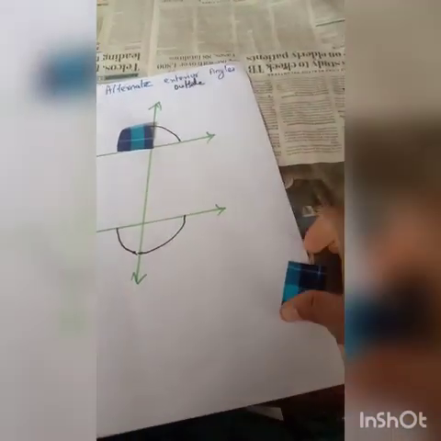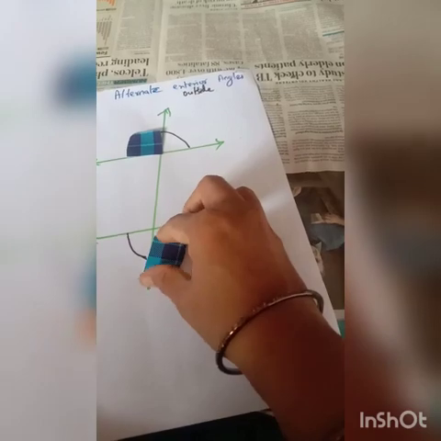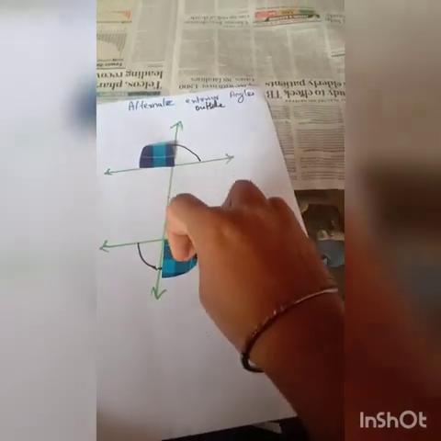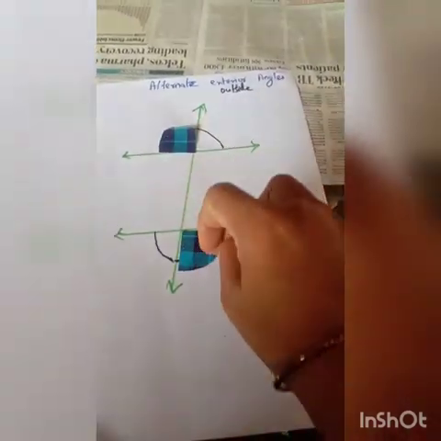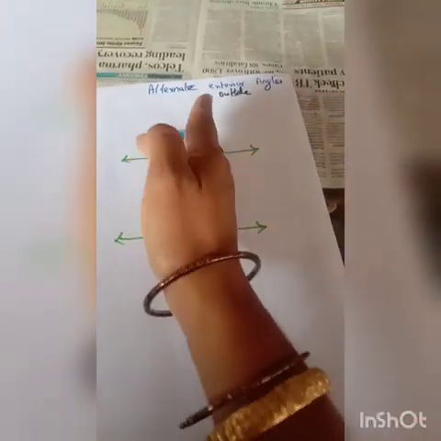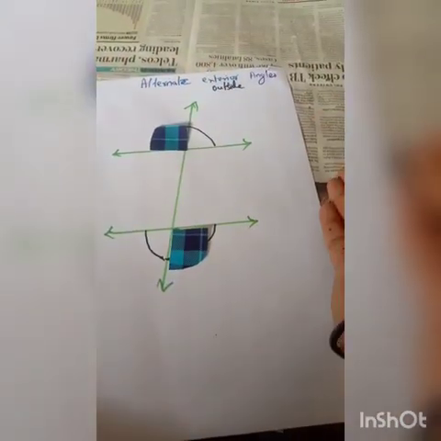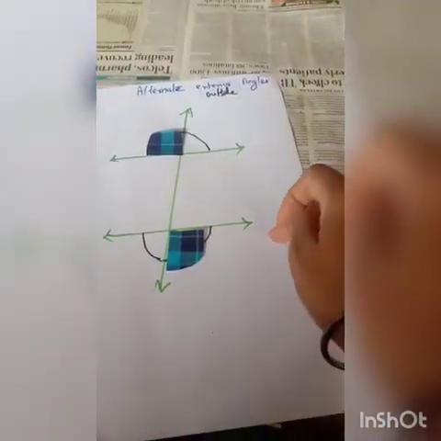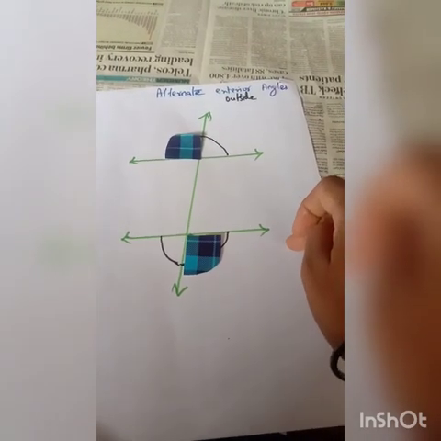Opposite is this one. So these two angles are alternate exterior angles. They are on opposite sides and the arms are also in the opposite direction.